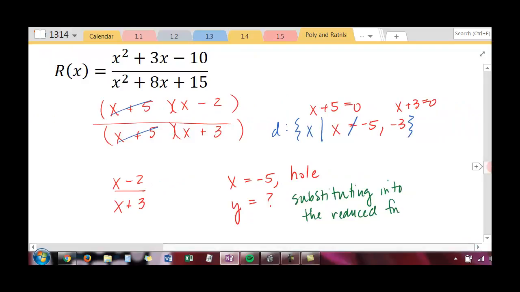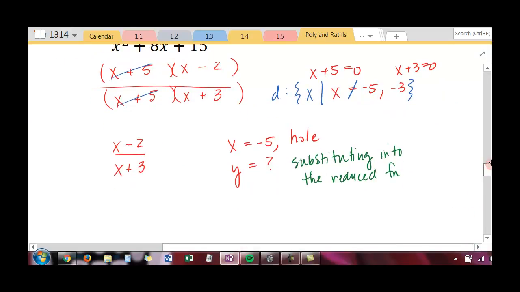So I want to know what is the ordered pair, in other words, where am I going to be able to plot this hole. So we're going to say, okay, well, y is going to be equal to, I'm going to put a negative 5 over here for x, so negative 5 minus 2 over negative 5 plus 3, and when we simplify that, we see that we have 7 halves.